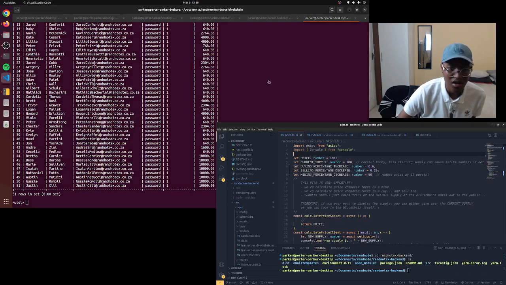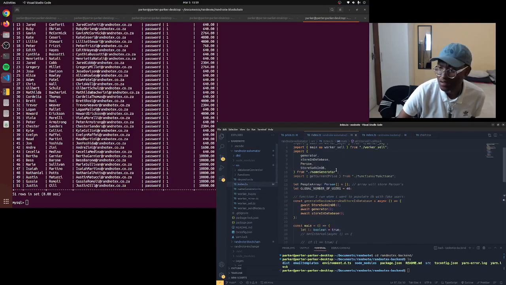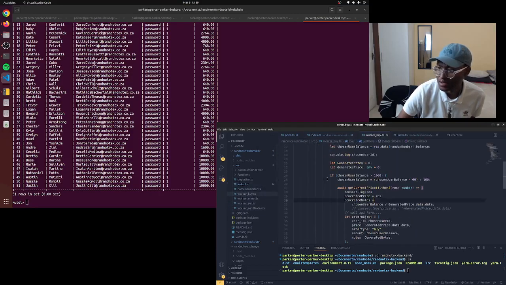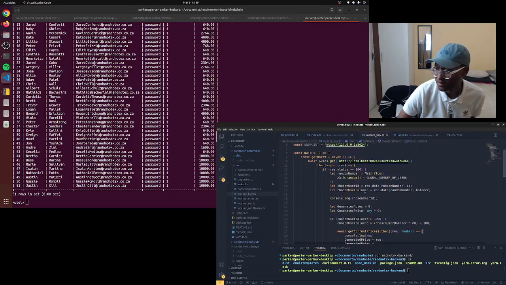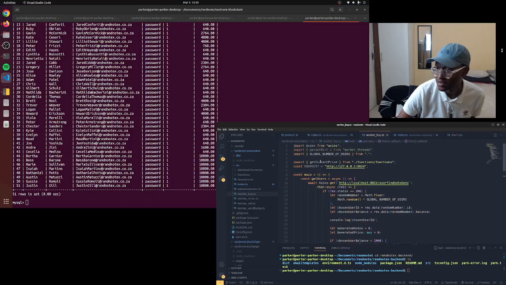So in the automator, what is it, index, workup by, we're making use of how many users? Global number of users.